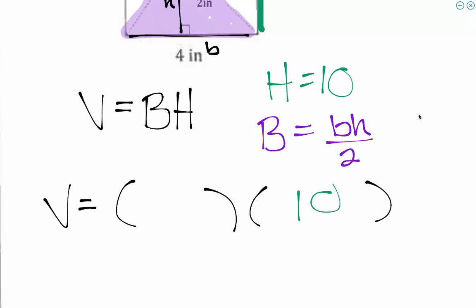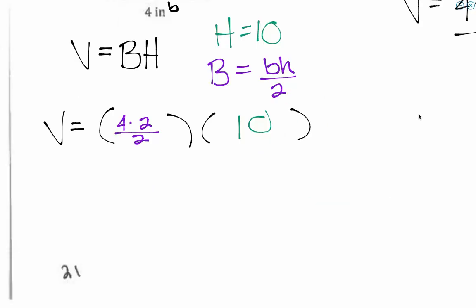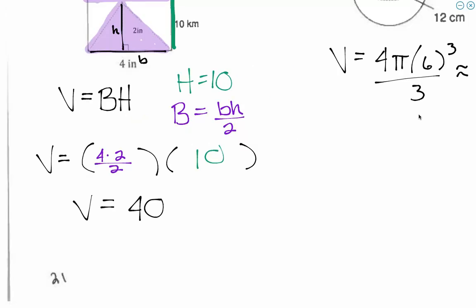So this is going to be 4 times 2 divided by 2, times 10, which is 40.